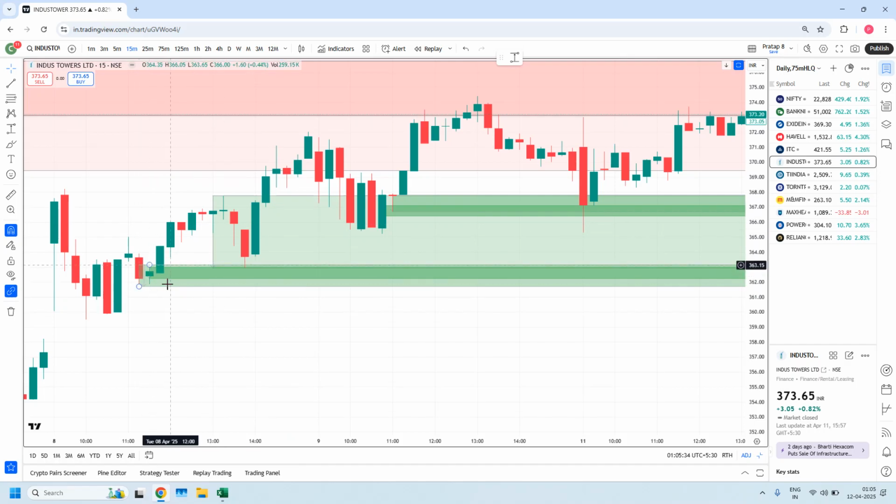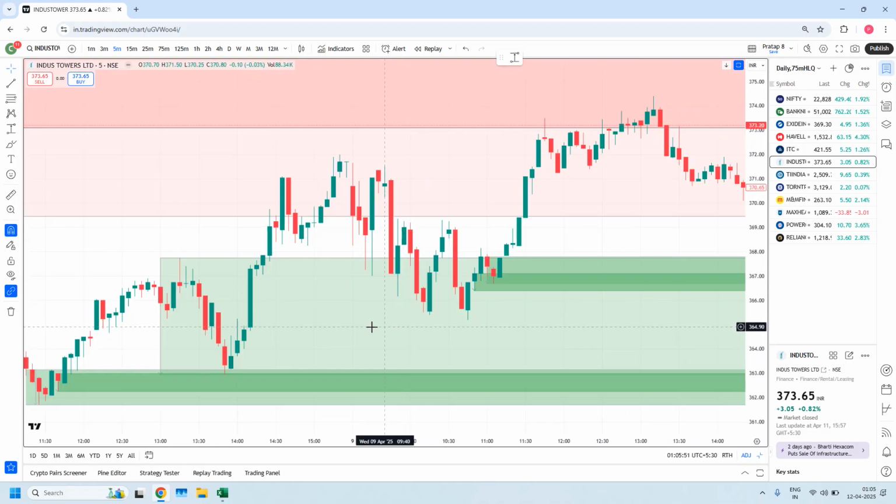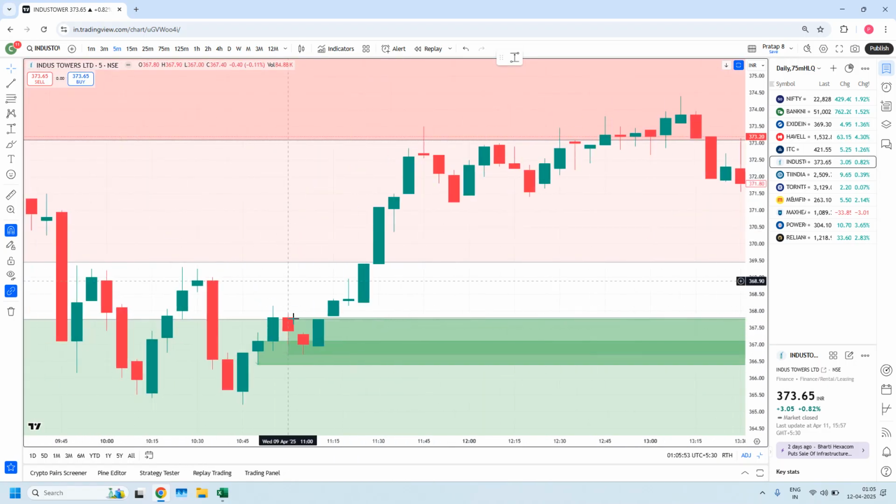Lesson 22 concept. This is drop, base, rally and follow through candle. This is the 15 minute zone, but on 15 minutes you can't take a trade. You should plan a fine tuned 5 minute zone. Here also there is a fine tuned 5 minute zone. That's why I go to the 5 minute time frame. In the 5 minute time frame, here you have a lot of candles taking orders. Here actually you have a rally, base, rally.